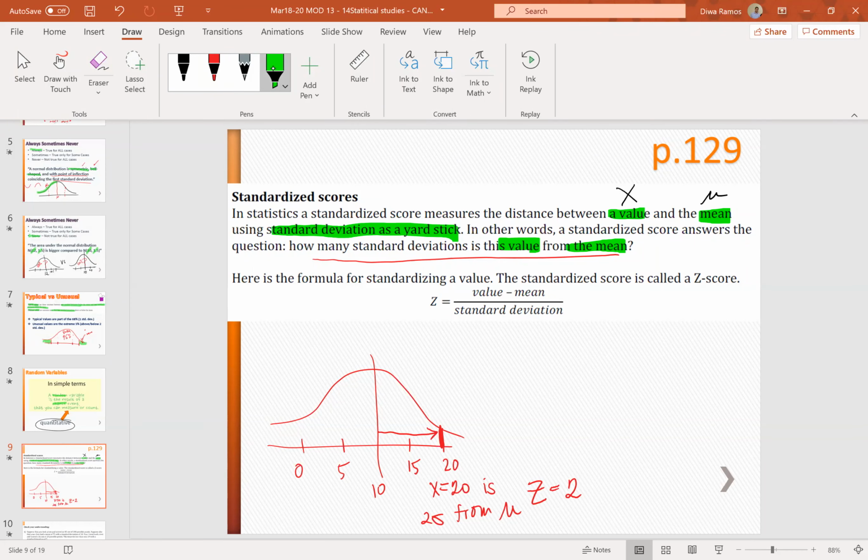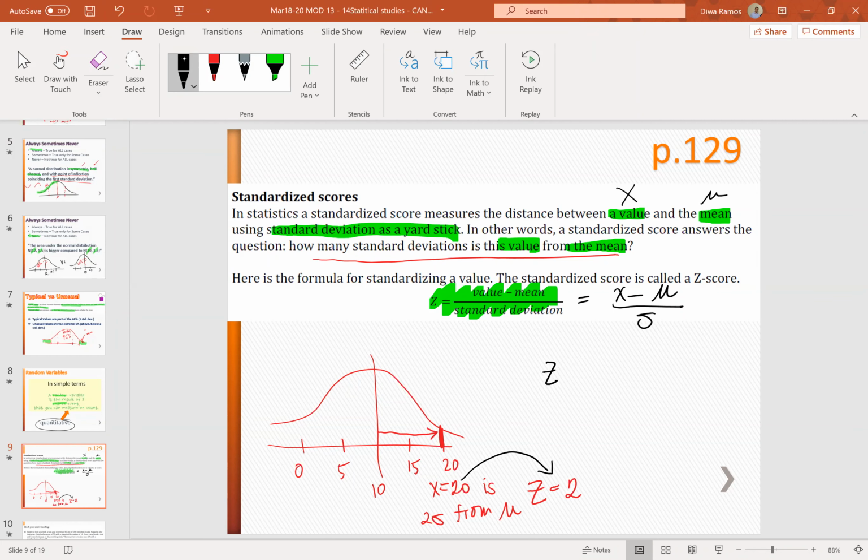So when we convert x equals 20, that becomes z equals 2. And we do have a formula for that. To get z, we need the value minus the mean, over the standard deviation. So we have your x value minus your mu, your population mean, divided by your population standard deviation, sigma.